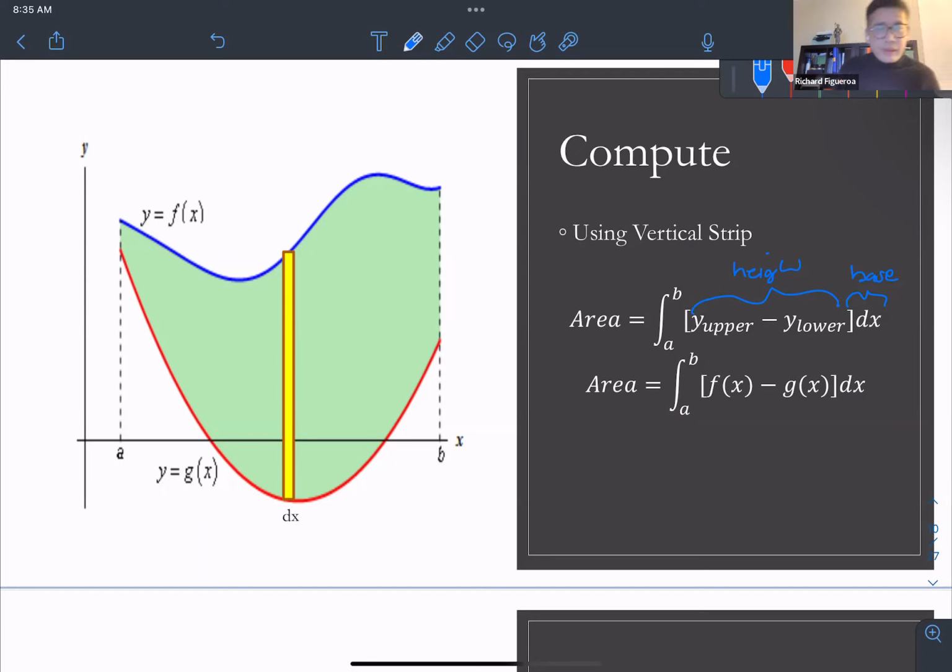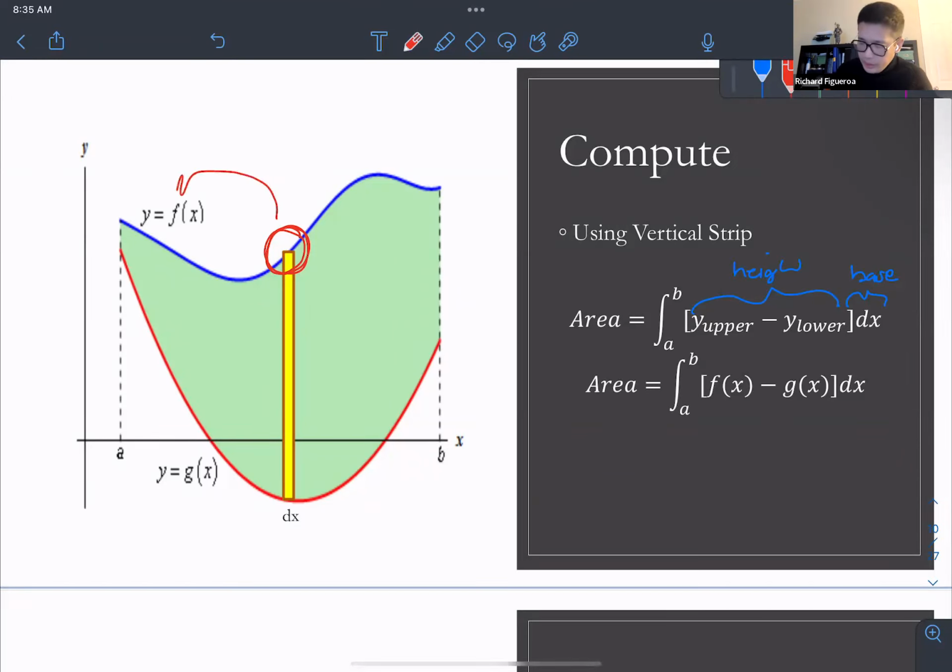So if it is a vertical strip, our height would be the y upper minus y lower. Okay, so y upper minus the y lower. So in this case, what would be our y upper? So this is the y upper. Ibig sabihin, that is the graph that touches, or the strip, okay, that touches the blue function.